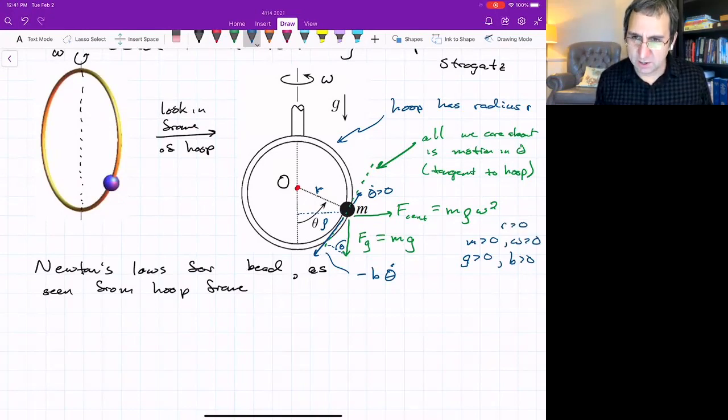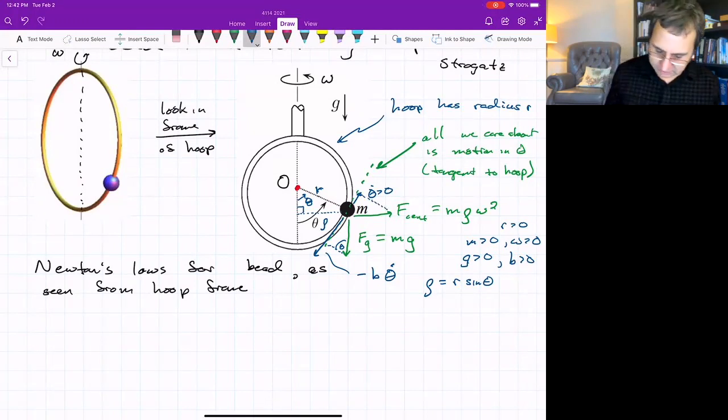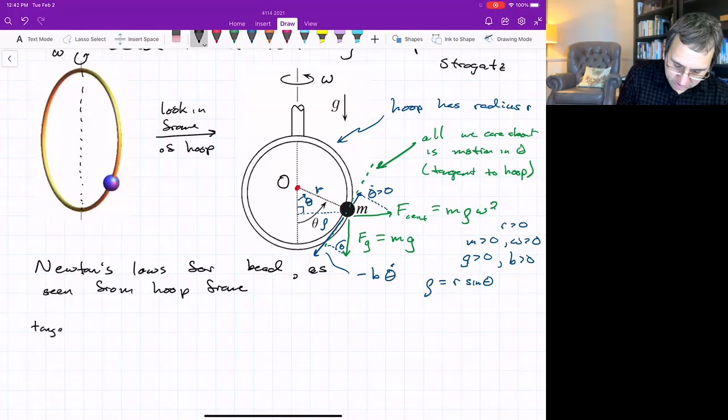From the geometry here, we could work out what rho is. This is perpendicular, and this angle is theta. So rho is actually r sine theta. We're only looking at the tangential motion, so we could project the centrifugal force onto the tangent plane. What we'll get is Newton's laws, which is mass times acceleration equals the force. We're only looking at the tangential motion of the bead along the hoop.